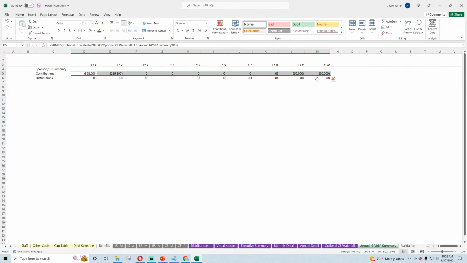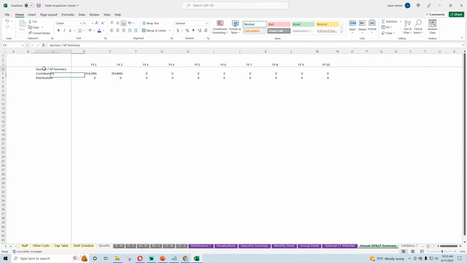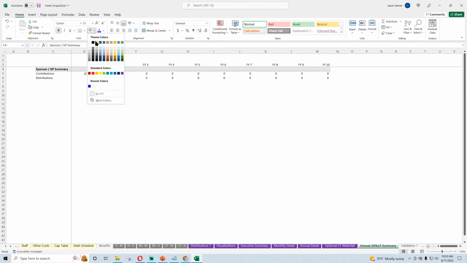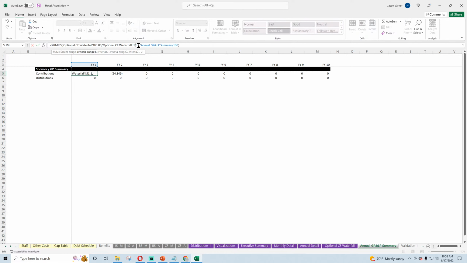Now, this is more likely to be 90 or 95, and in that case, you still have some contributions. So you'll see that there. But we also, contributions, now distributions. Let's see, we need to drag this down. Let's lock these up.